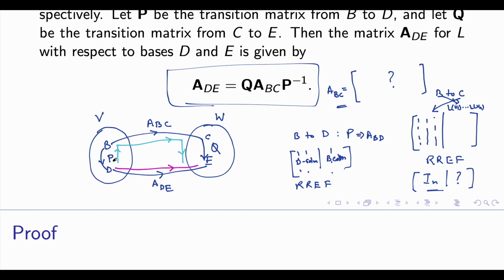Now, since the transformation matrix from B to D is P, the route from D to B will be P inverse, right? Reverse order.